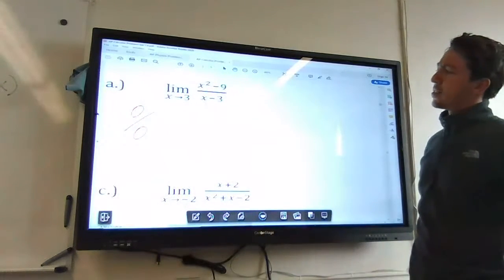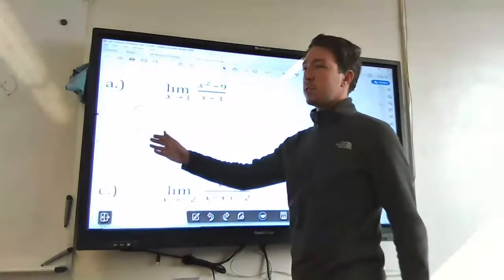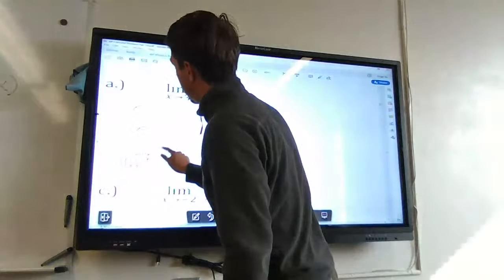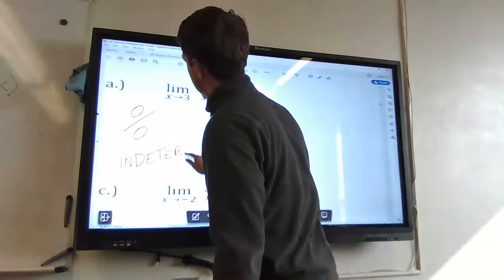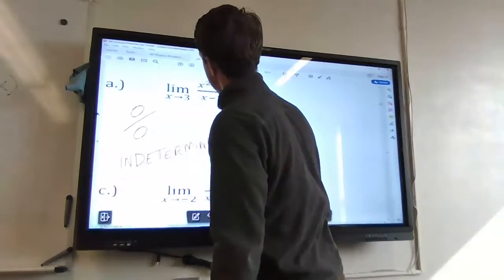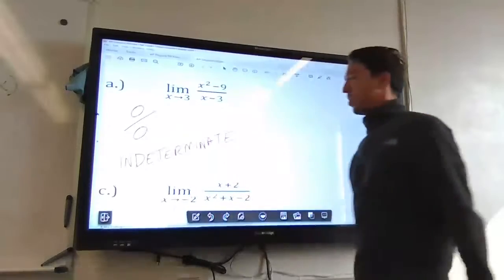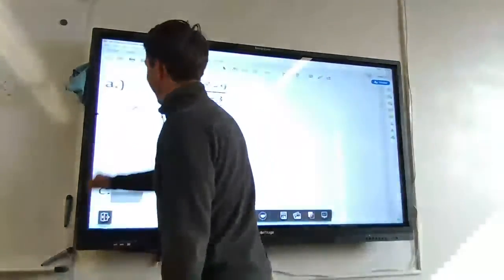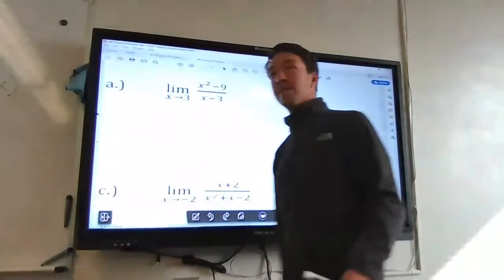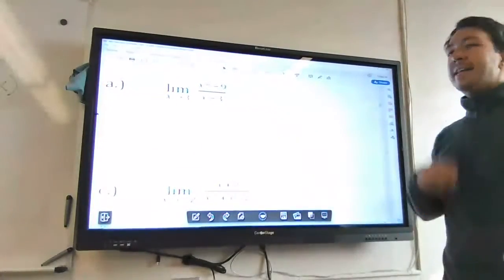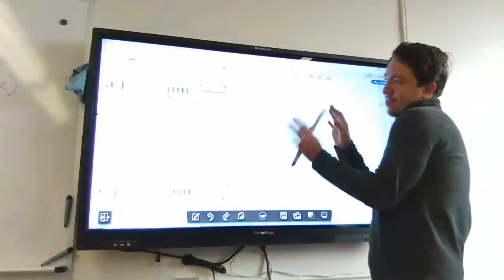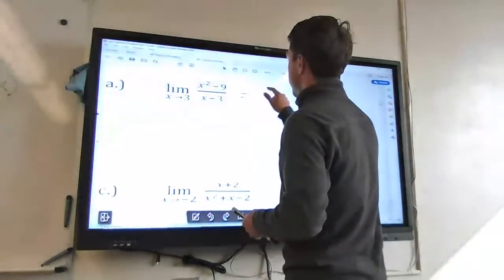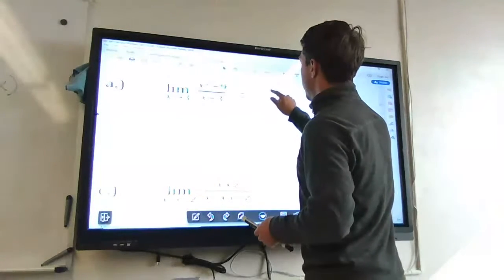So let's see, why is it 6? Well, once you have this established, this is called, if you're wondering, an indeterminate form. Like we haven't determined it yet. I don't know if etymologically that's correct. Indeterminate just meaning, okay, we're not sure yet. Okay, what we do is we say that is equal to the limit.